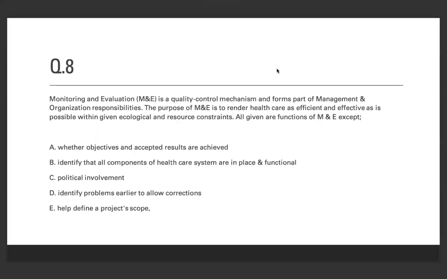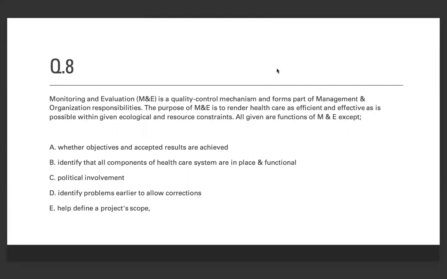Question number eight. Monitoring and evaluation is a quality control mechanism and forms part of management and organization responsibilities. The purpose of M&E is to render healthcare as efficient and effective as possible within given ecological and resource constraints.